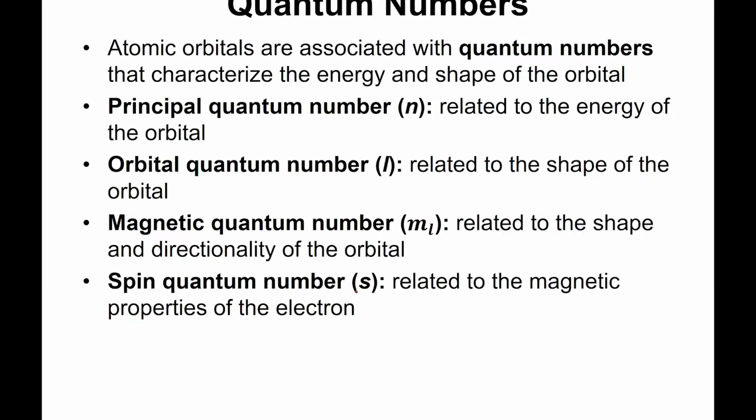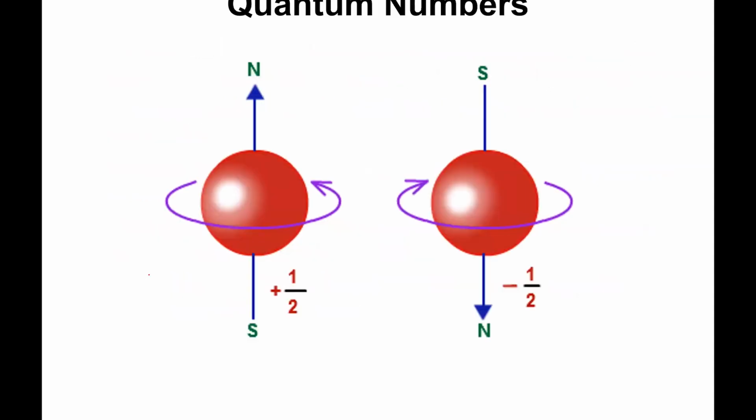But the electron can also have spin. So this is a magnetic property of the electron. The electron can either have a 1/2 plus spin or 1/2 minus spin, shown here basically as 2 different spin directions. You can see one is counterclockwise versus clockwise. So there are only ever 2 different spin types that can exist for an electron, and that's within any of these orbitals that we talked about.